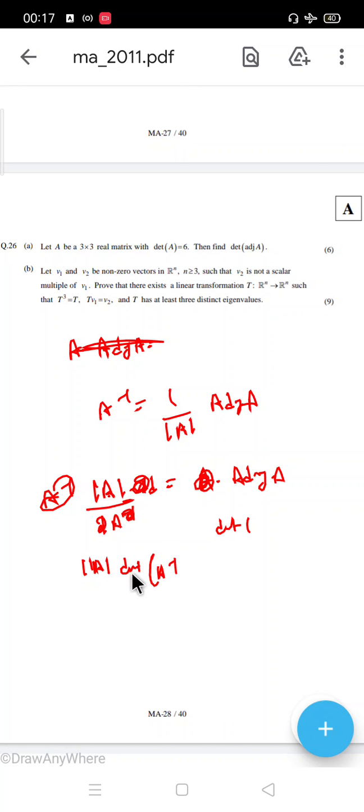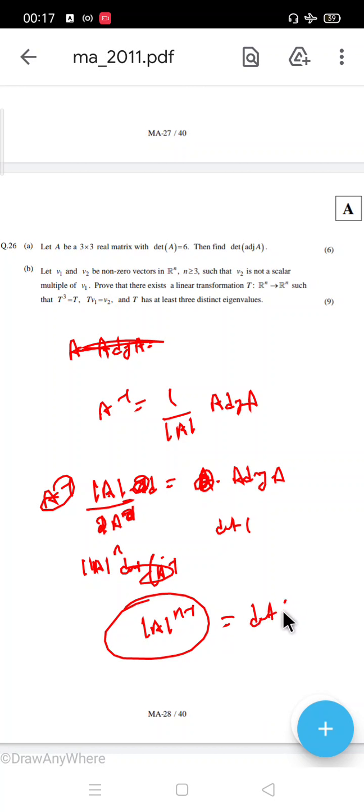So in each row I have to take out from each row, that is n raised to n. So the answer will be determinant of A raised to n minus 1, the determinant of the adjoint. The answer is that the determinant is 6 raised to 3 minus 1, that is 6 raised to 2. 36 is the answer.